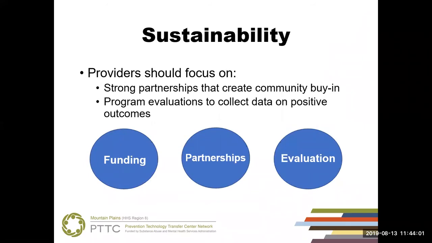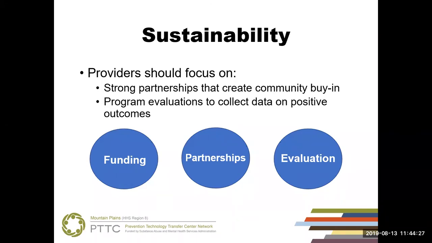So let's circle back to talk about the principle of sustainability and how it plays out in this process. Sustainability is a complicated principle to address as a provider because for me the bottom line is if the current funding stream is no longer available, it's really difficult for our programs to be sustainable outside of another easily accessible funding stream.